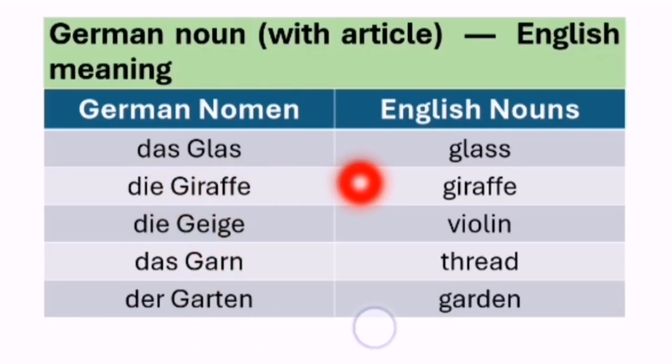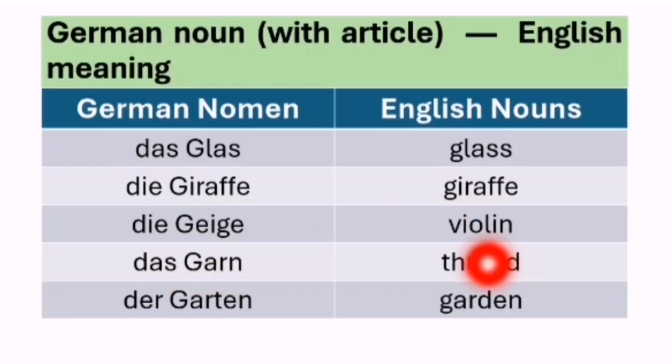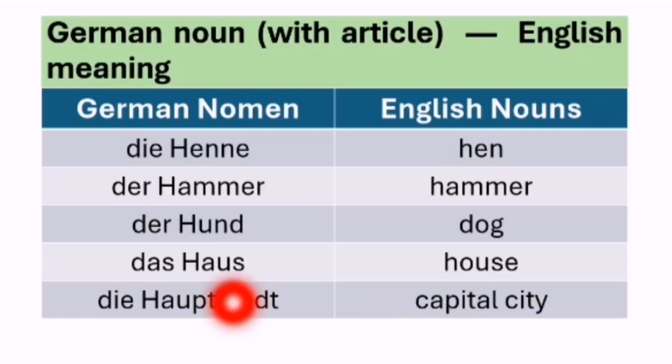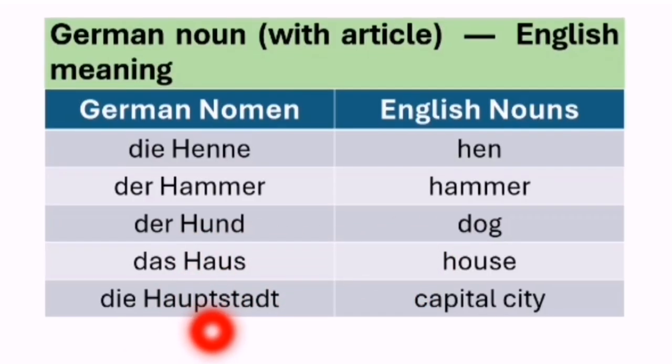Das Glas, glass. Die Giraffe, giraffe. Die Geige, violin. Das Garn, thread. Der Garten, garden. Die Henne, hen. Der Hammer, hammer. Der Hund, dog. Das Haus, house. Die Hauptstadt, capital city.